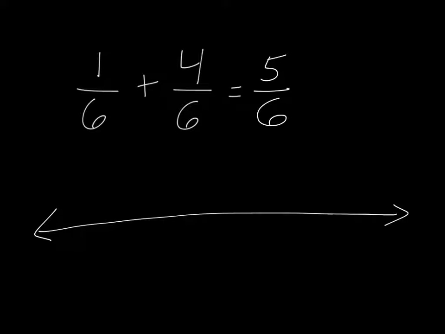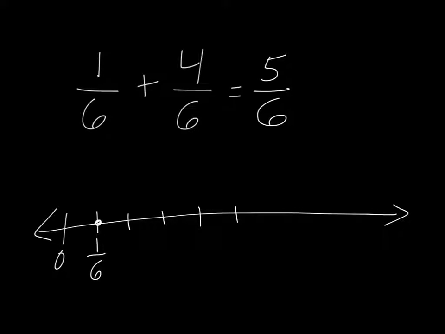To put this on a number line, I would start at 0, and I'm counting by 6. So my first number, which is this one right here, is 1 6. So I'm going to put 1 6 on the number line, and I need to add 4 6. So I'm going to keep putting tick marks. So that's 1 6, 2 6, 3 6.